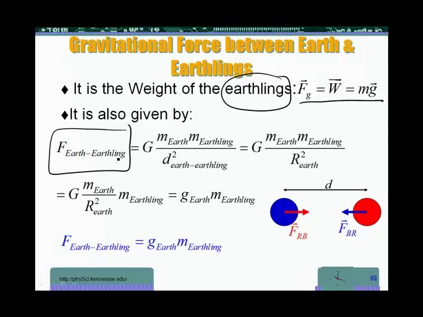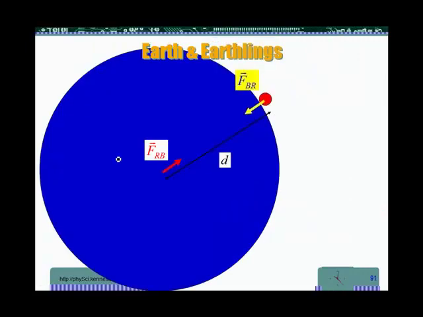Okay, I'll go back to this slide. So this is what we are talking about. Can we think of every object on the Earth as a mass, and the Earth as a mass, the big blue mass? What force are they going to exert on each other?